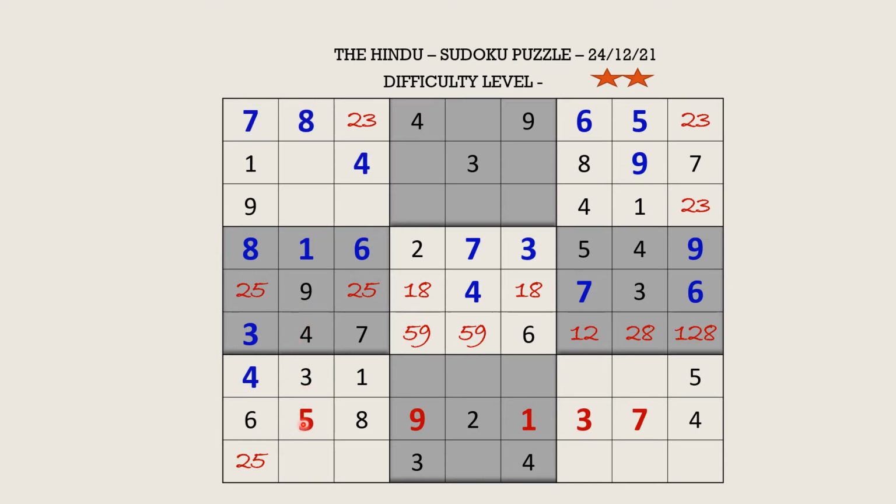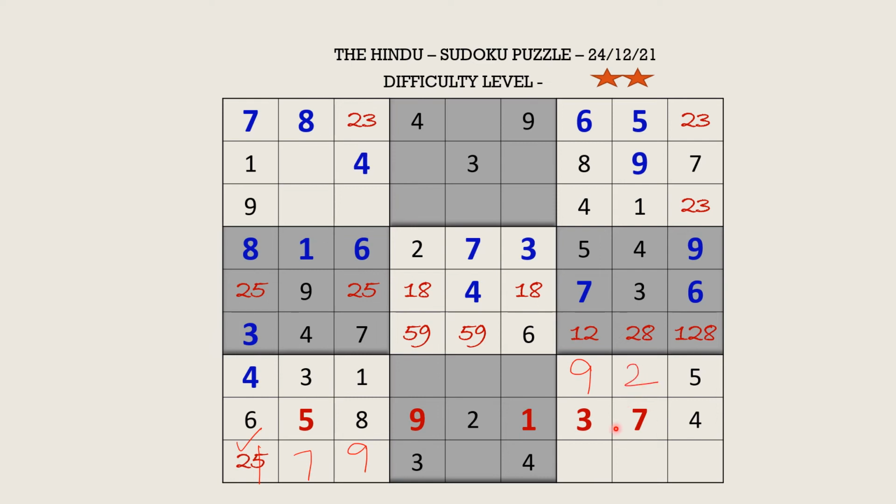So because of this 4, this becomes 2. The missing numbers here are 7 and 9. So you have a 7 here. So this is a 9 and this is 7. Now this 9 blocks here. There is a 9 blocking from here. So this is a 9. This 2 blocks here. So this is 2.